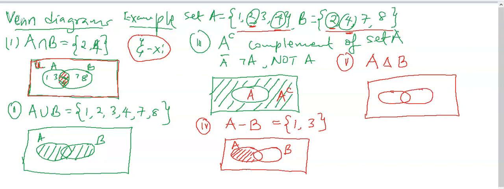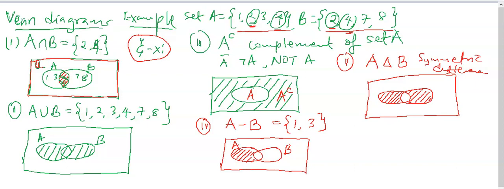The elements that are in the two sets but not in their intersection. And this is the shaded part. This represents the symmetric difference of set A and set B.